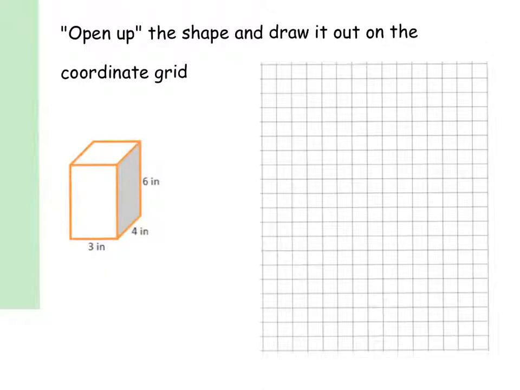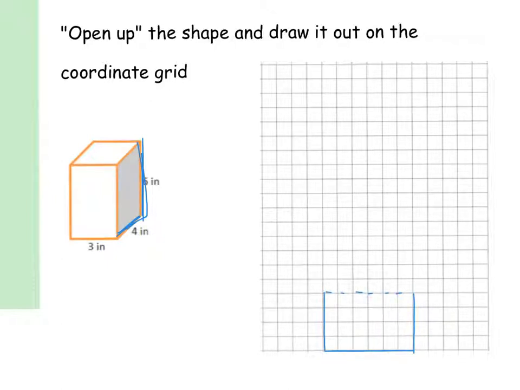All right, so this is how I would go about doing it. Yours might look different than mine. I'm going to start with this side right here. So I have my 1, 2, 3, 4, 5, 6 for this part, and then I have to go up 4: 1, 2, 3, 4, and that's where the split would be.